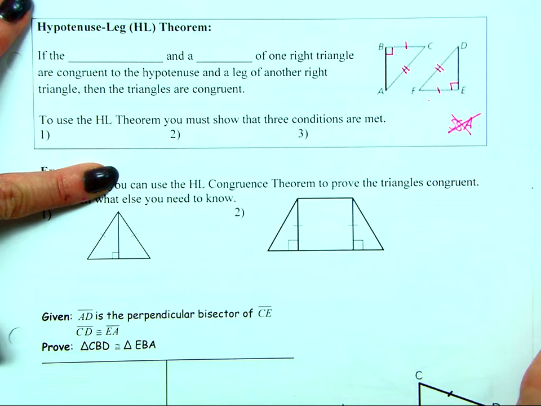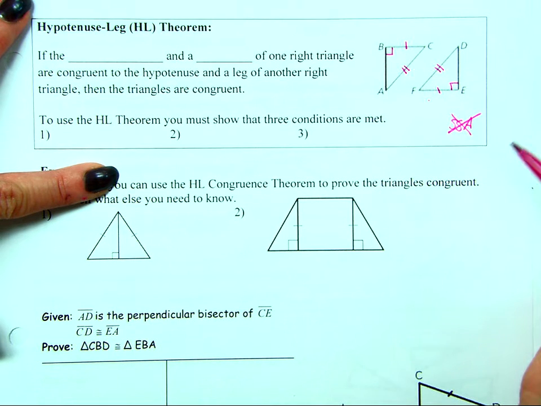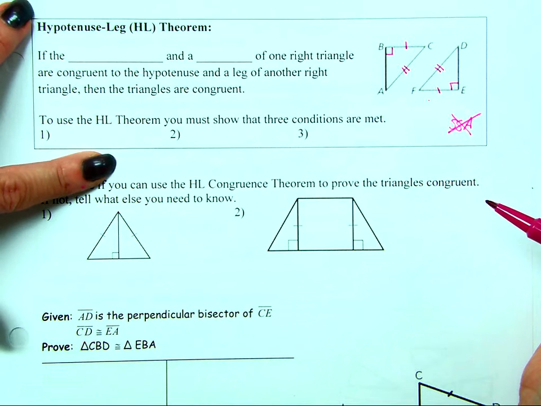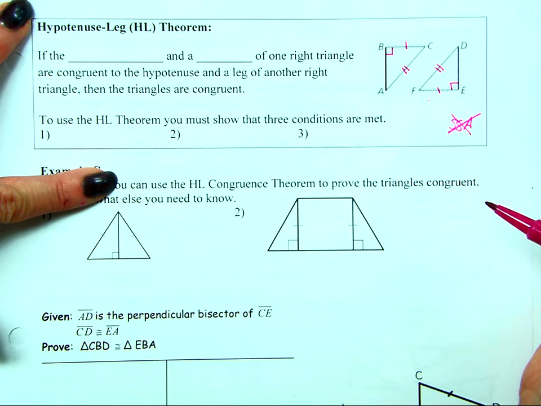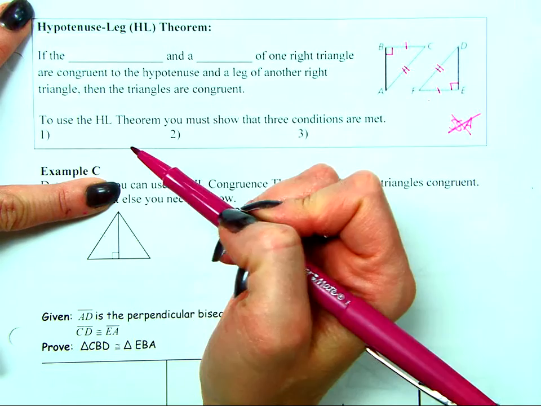However, there is in one specific case a time when that will work. And that case happens when we happen to have a right angle. If I have two sides and a right angle, that will show me congruent triangles. Since this is a right triangle, they actually call this the hypotenuse leg theorem, HL.